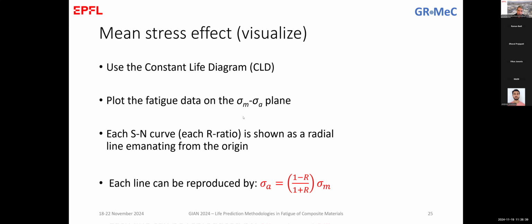We have the sigma m, sigma a plane, and we can plot the data for each fatigue curve as radial lines emanating from the origin.